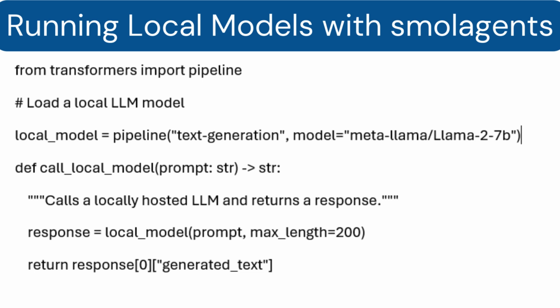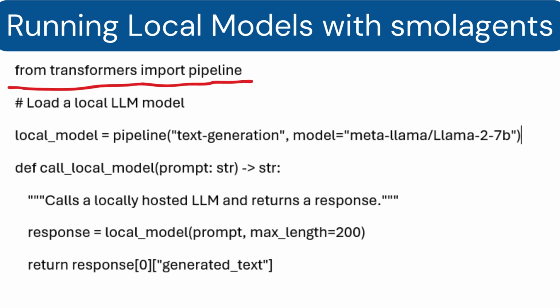First, we will look into running local models with Smolagents. For developers who want full control over their AI models, Smolagents supports locally hosted models using libraries like Hugging Face transformers. Let's go step by step through this code and understand how it loads and interacts with a locally hosted LLM using the Hugging Face transformers library.